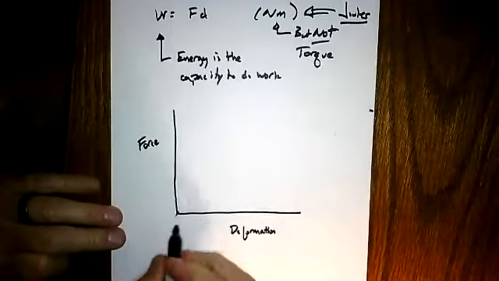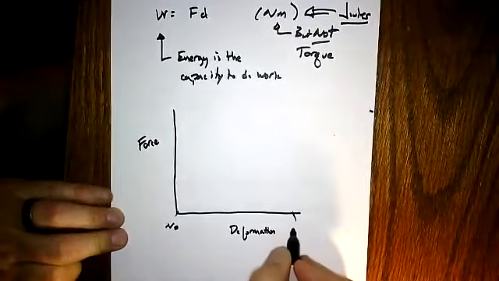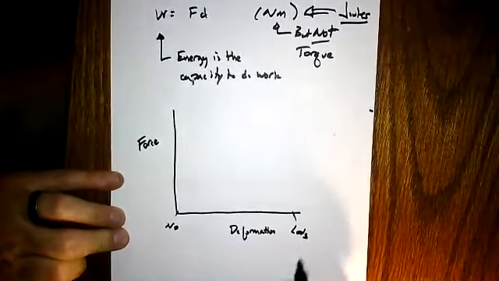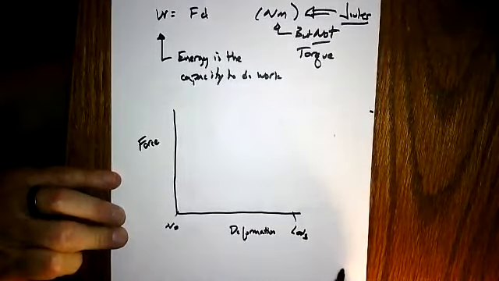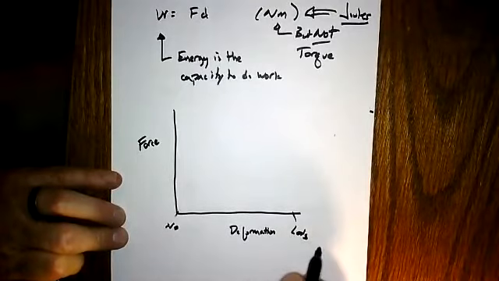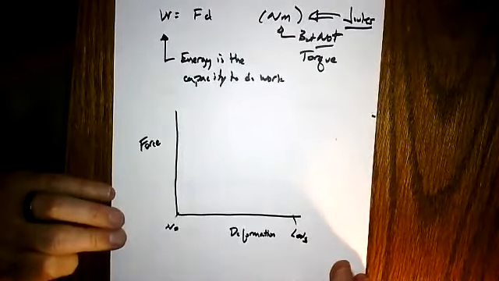So this would be no deformation, and this over here would be lots of deformation. For a shoe, we may be talking less than half a centimeter. For some test materials that are really soft, maybe as much as 5 centimeters. It depends on what we're testing.